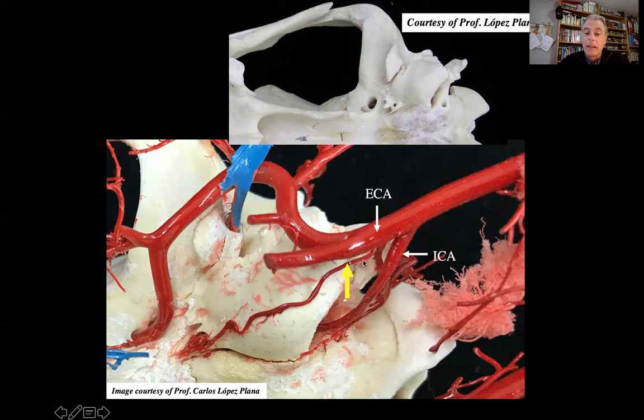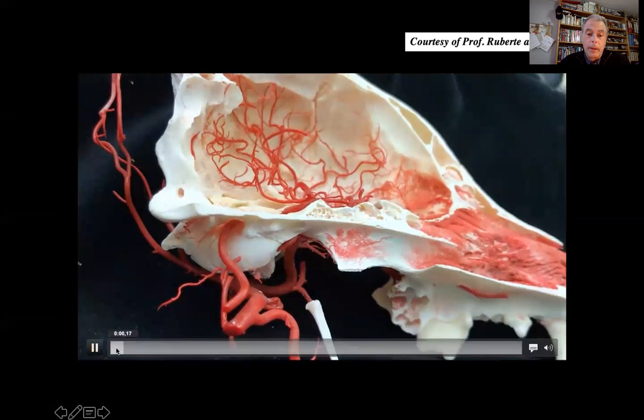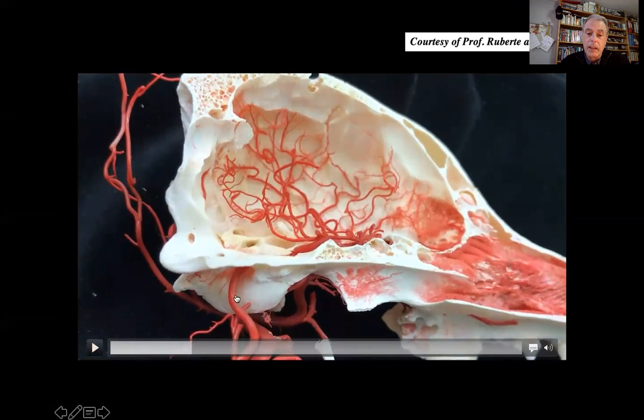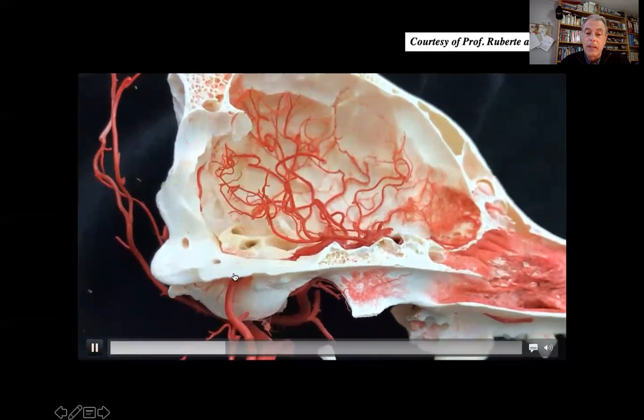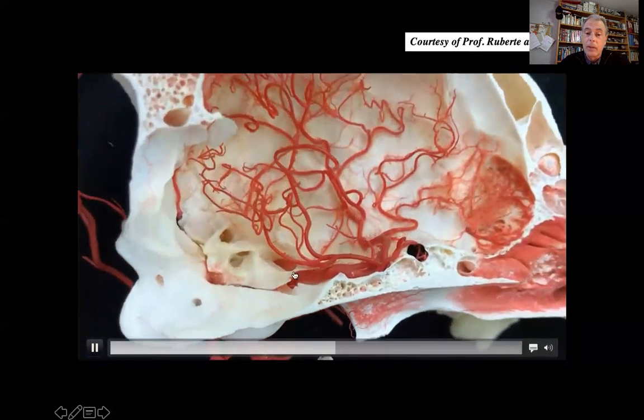And remember, the ascending pharyngeal artery is a branch of the external carotid artery. So in this video, it's quite easy to identify the internal carotid artery entering through the tympano-occipital fissure and then traveling through the carotid canal in order to appear at the carotid foramen.